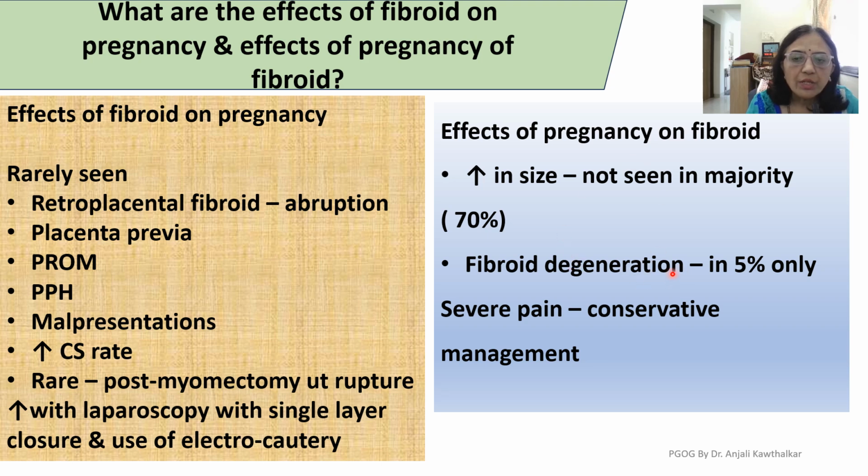It is a rare complication seen in only 5% of the cases of fibroid complicating pregnancy. The patient presents with severe pain, and we need to differentiate it from all the other causes of acute pain in abdomen during pregnancy, as conservative management is the modality of treatment for fibroid degeneration during pregnancy.